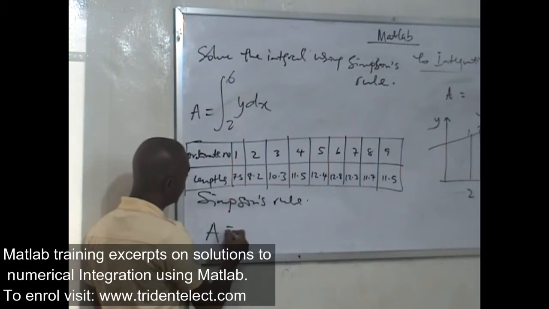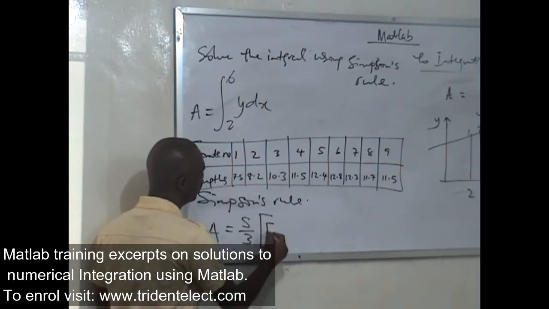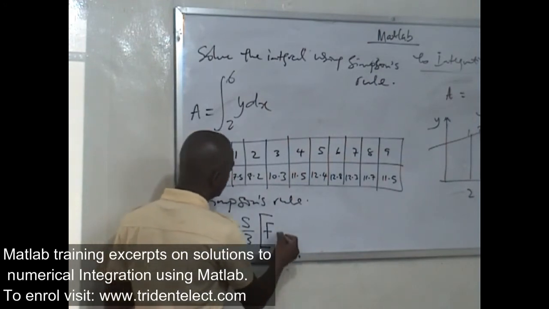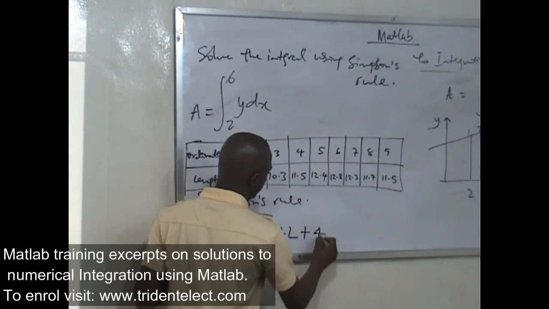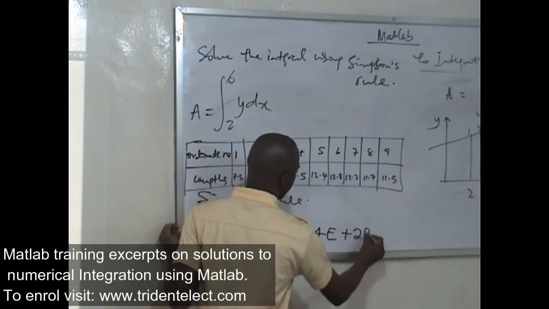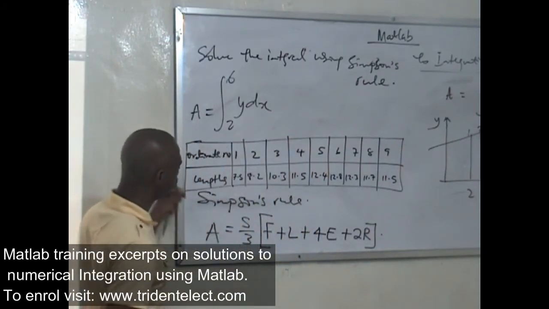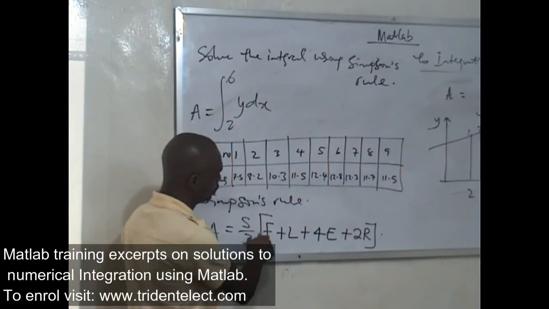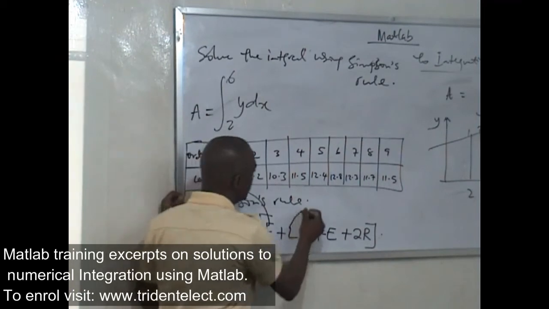the area A is equal to S over 3 bracket F plus L plus 4 times E plus R. So this is the formula. Now F is the first term of the length, so this is your F. L is the last term.